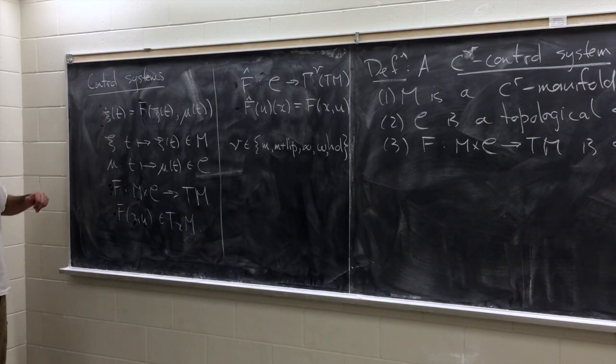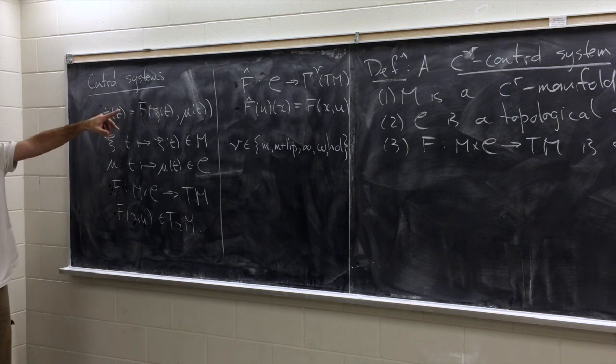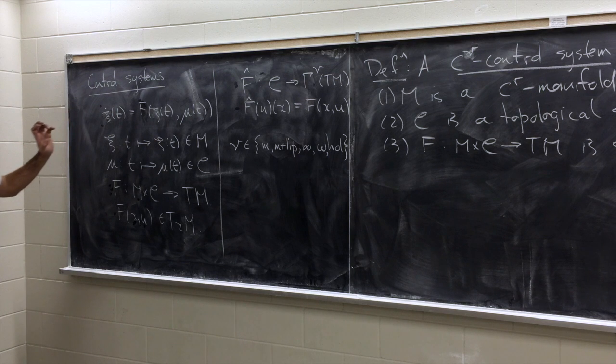Okay, so what I require is I require the map f hat, from the space of controls, the control set, into the space of vector fields. I require that map to be continuous.